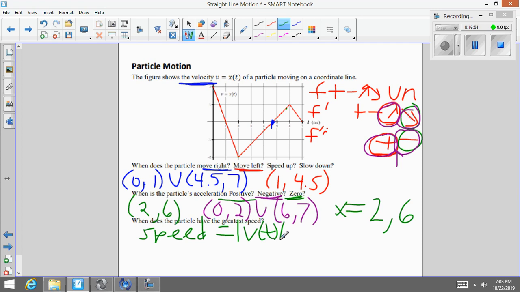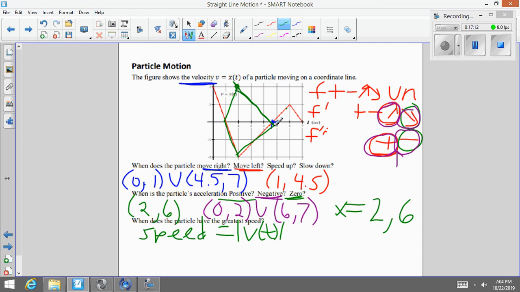So for instance, this part of the graph is going to flip vertically and will now be above the x-axis. So now, when does the particle have the greatest speed?